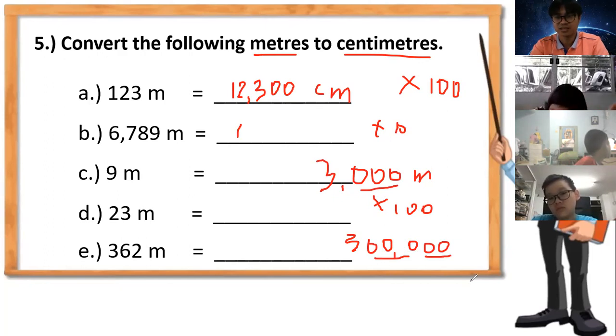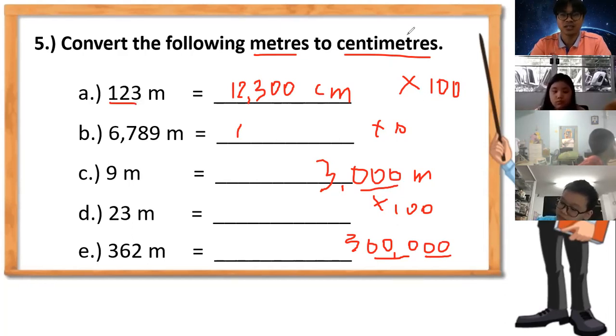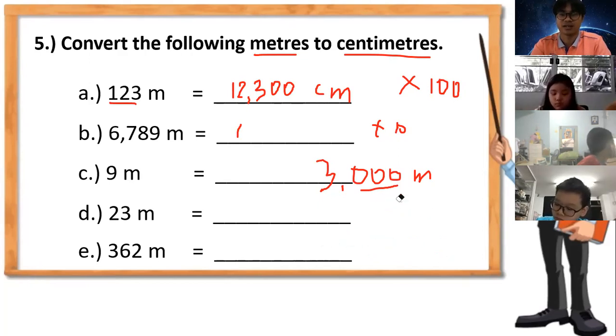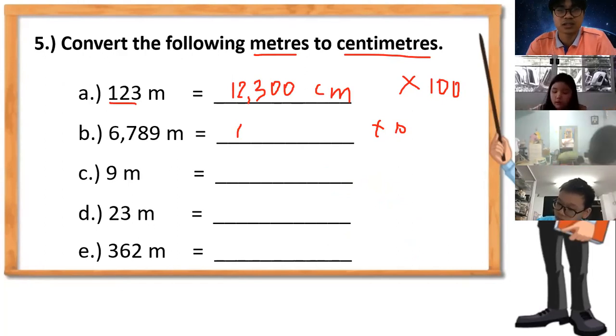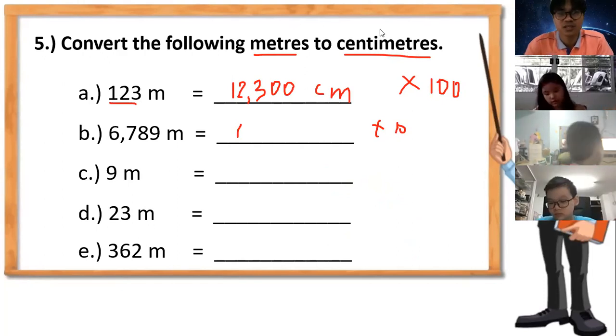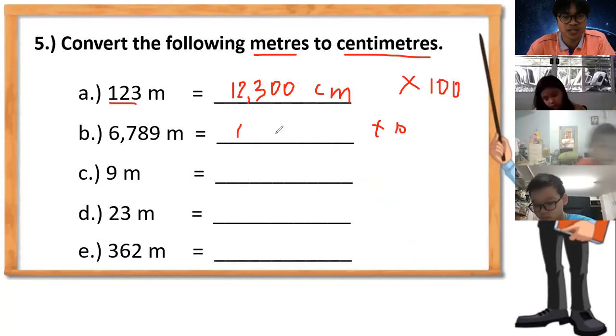Get it? So 123 times 100 is 12,300. Oh, come on, our time is running. Let's make it faster.